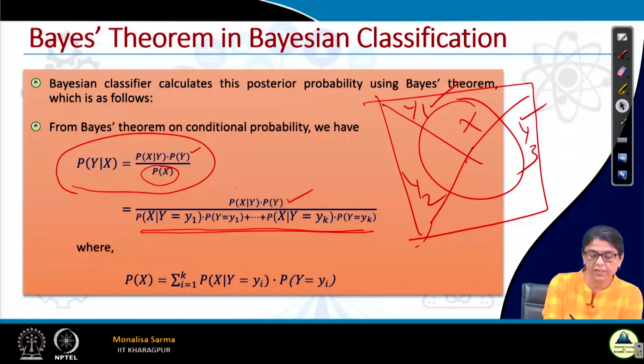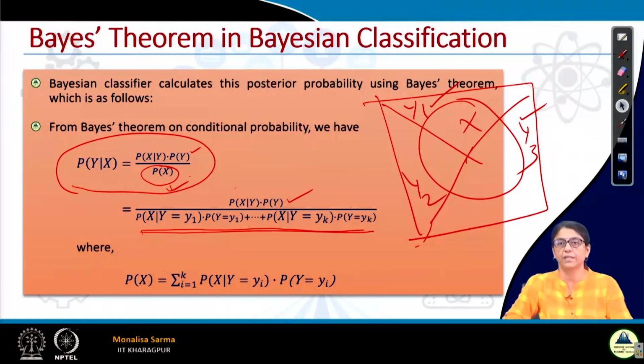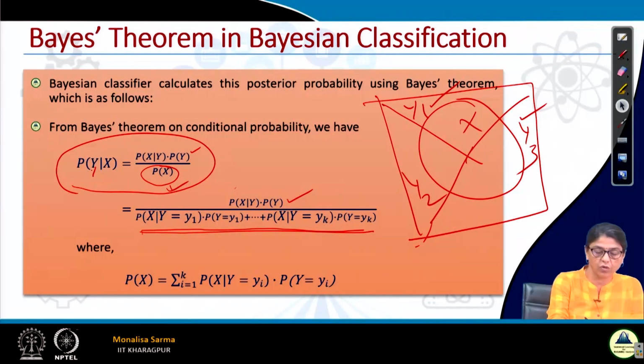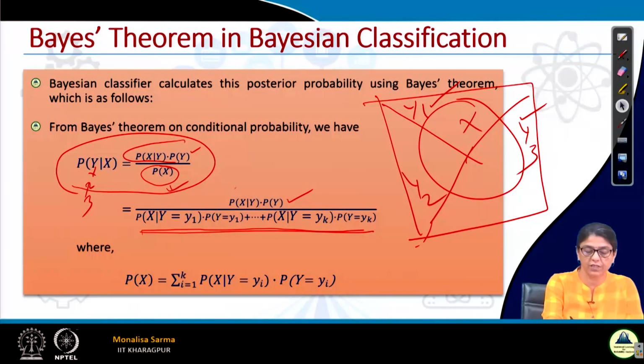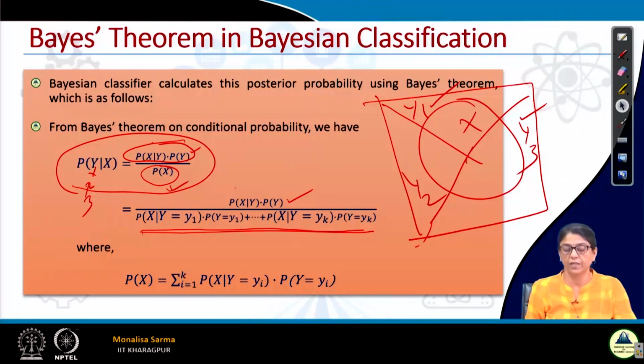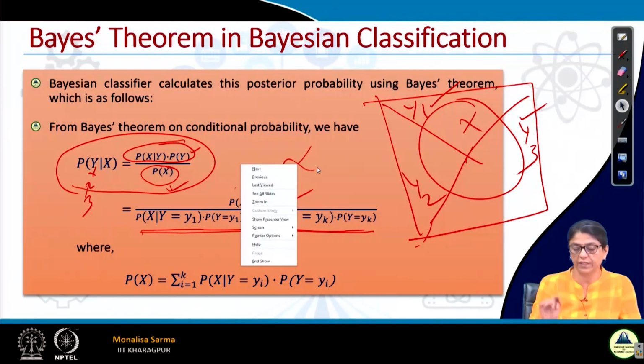Whatever it is, the numerator will change, but for all the cases my denominator will remain the same, whether I write y1 or y2 or y3. Only the numerator will change, isn't it? So that means I can write the probability of y given x using a proportionality term.